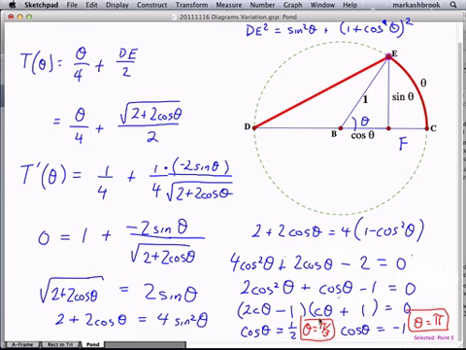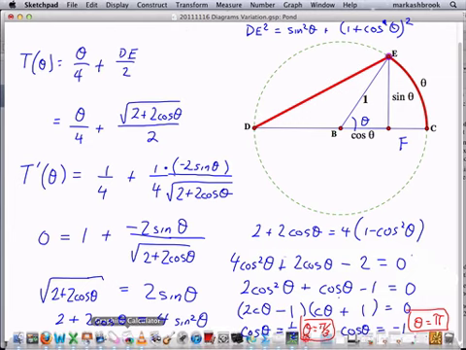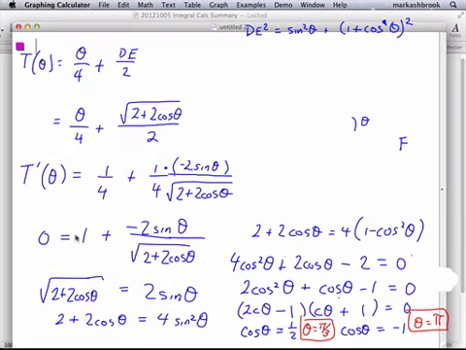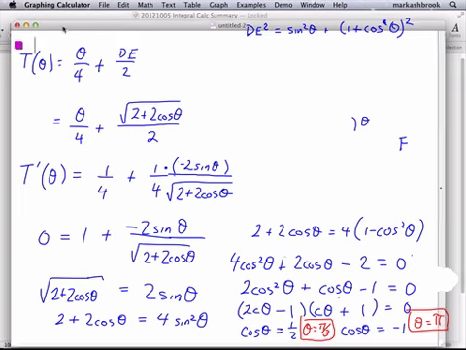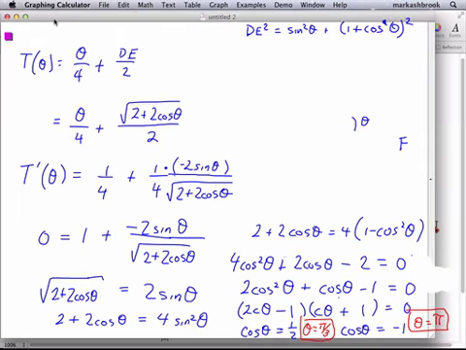So pi over 3 is a little bit greater than 1, right? So let's put 1 in. In your calculator, we can use a graphing calculator. So we've got this expression, t of theta; I'll call theta x.